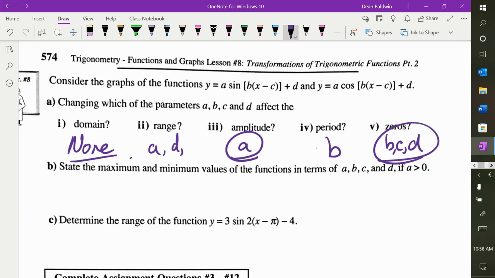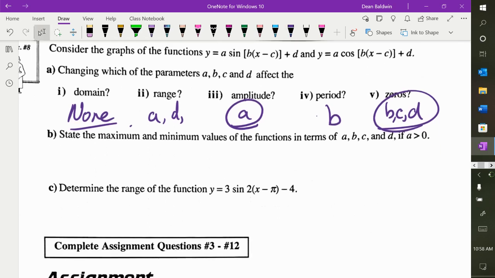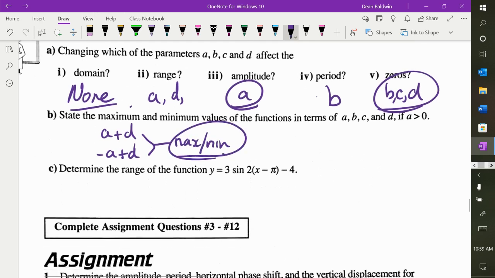All right. These last things. If you want to find the max and min of a function and you just have the equation, all you need to do is go A plus D and negative A plus D, and that will give you your maxes and your mins. You'll see on Monday that will become useful. So, for example, if I give you this equation here, 3 sine 2 x minus pi minus 4, and I say, what is the maximum or minimum or the range?